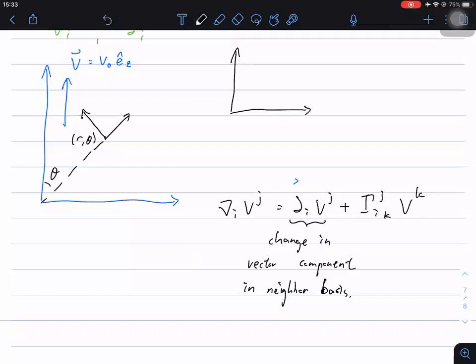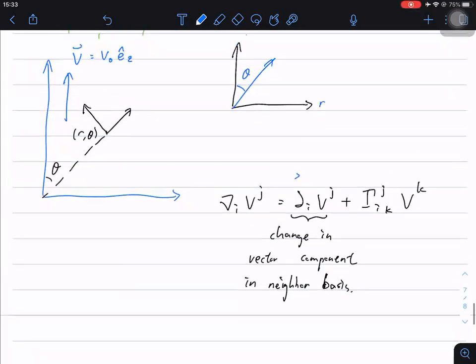Then in this observer or this coordinate, the vector field becomes a vector pointing with an angle phi with respect to, I think it should be r and theta here. Okay.